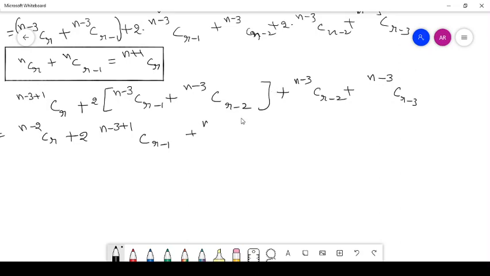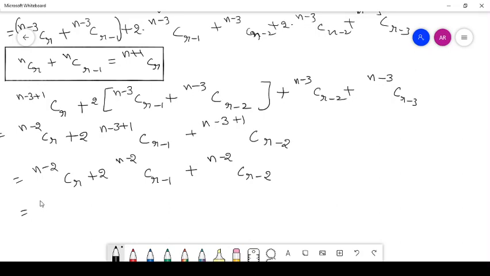So here also using the same result, n minus 3 plus 1 C r minus 2. So this is n minus 2 C r plus 2 into, this value n minus 3 plus 1 is n minus 2 C r minus 1 plus, here also minus 3 plus 1 is n minus 2 C r minus 2.